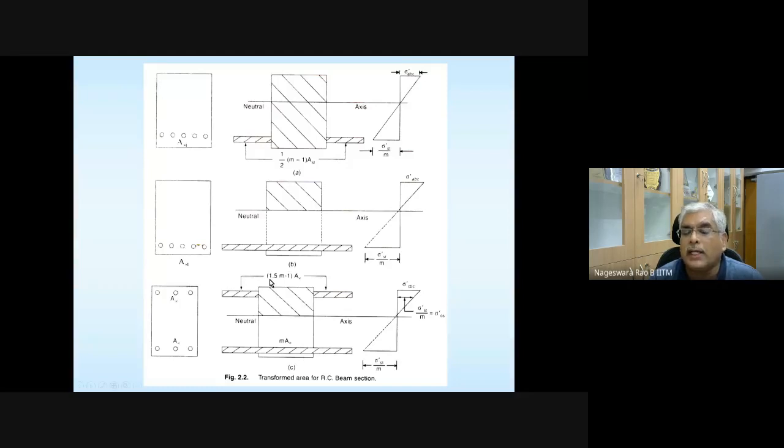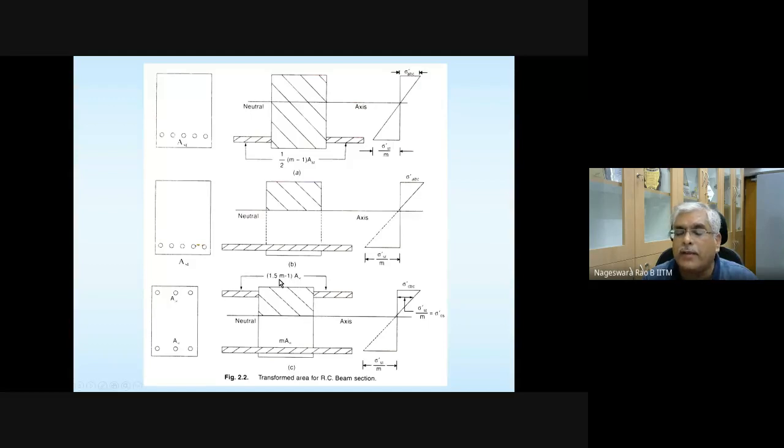But what is written here? 1.5 m minus 1 AC. What the code is saying is that when the steel is in compression, the modular ratio is based on long-term effects.